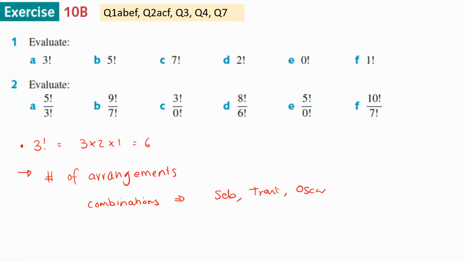It's still the same team. An arrangement, on the other hand, would mean that Trent, Seb, and Oscar is different. That's a different arrangement. So I have 2 arrangements there, but the one team. So one combination, but 2 arrangements. In our exercise 10B, we're doing arrangements. The next exercise is about combinations.